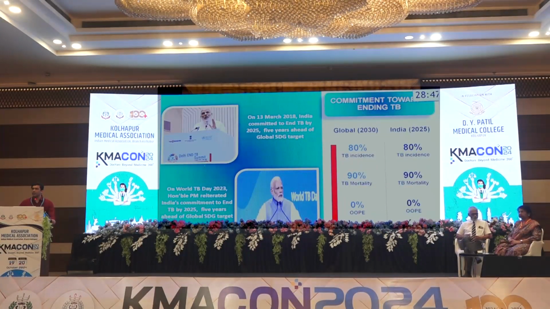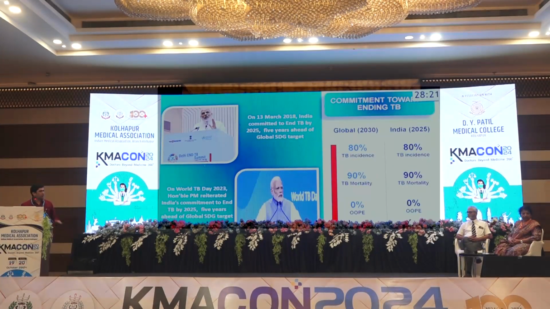So what are we doing? From 2018 onwards, the Government of India is committed to ending TB with respect to the global Sustainable Development Goals targets. These targets are based on indicators like incidence, mortality and out-of-pocket expenditure. The target for incidence is 90% reduction, according to the 2015 baseline.